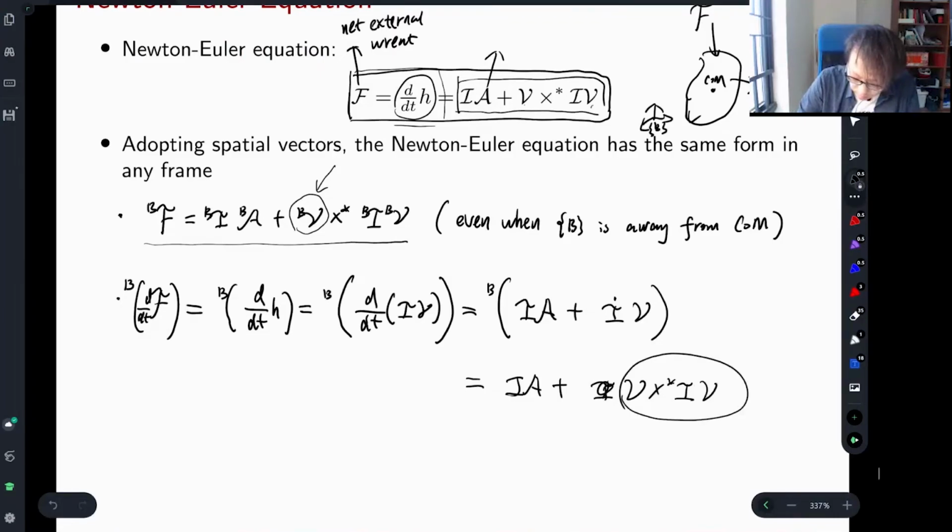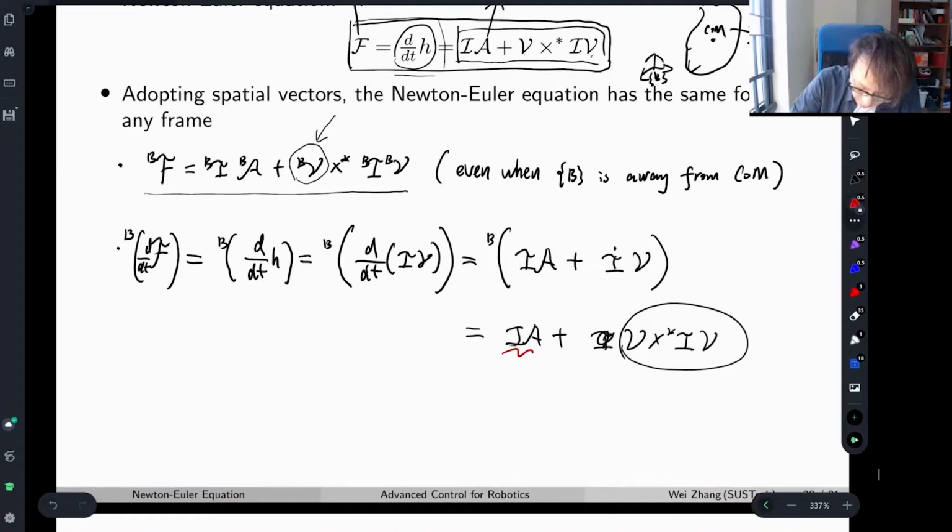This term is here because the external force is used to do what? This term is due to the speed, or velocity, changing, so that you have acceleration.